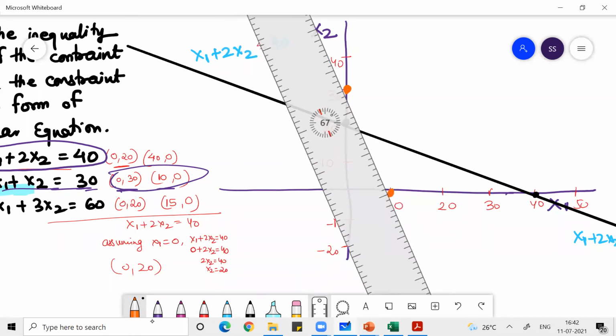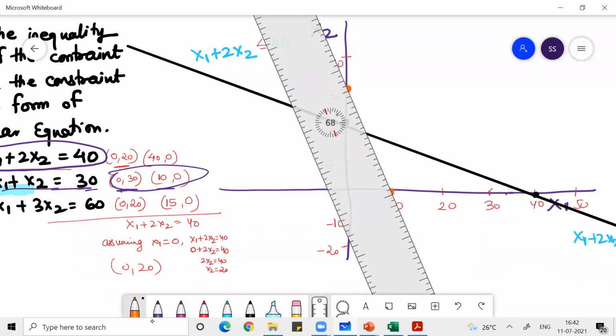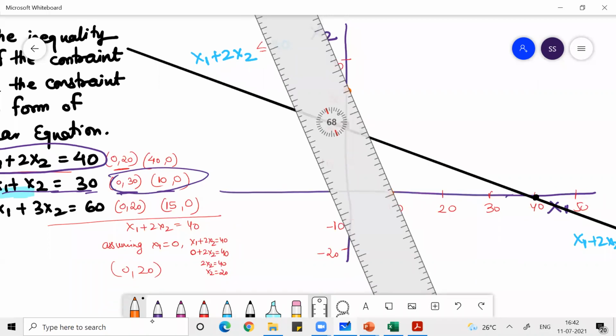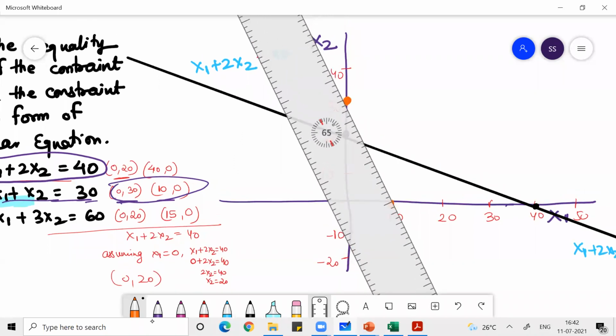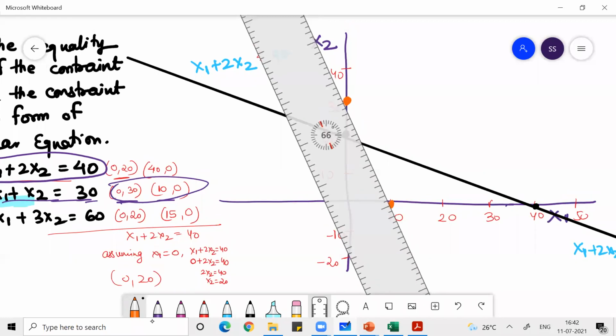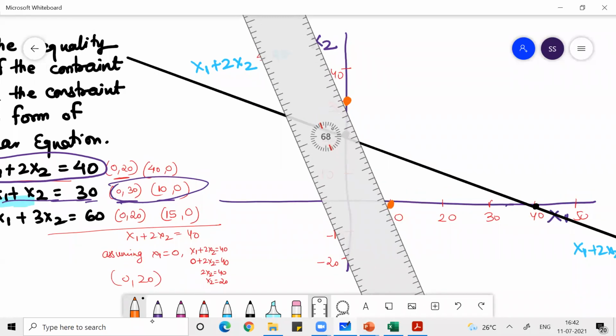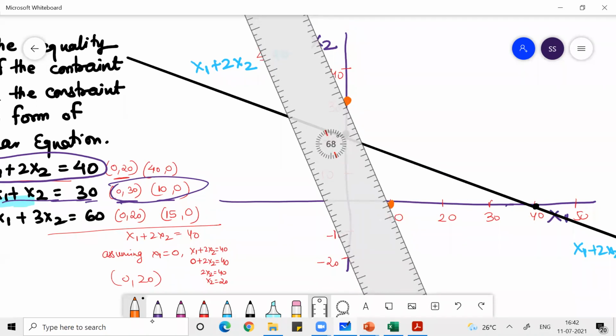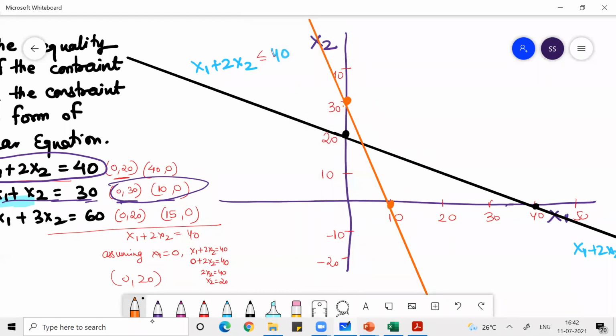Use a scale. This is your second line, guys, through (0, 30) and (10, 0).